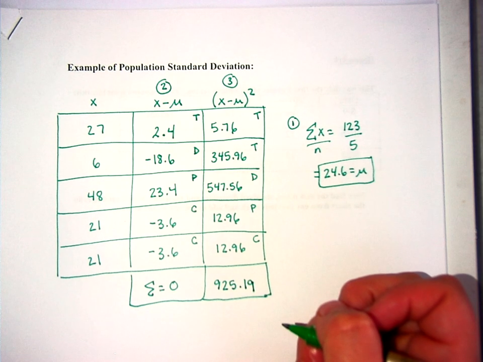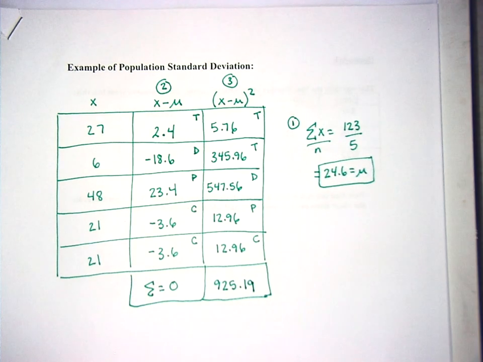Maybe I added wrong. Yeah, I did. I think it's 0.2. I added really wrong.